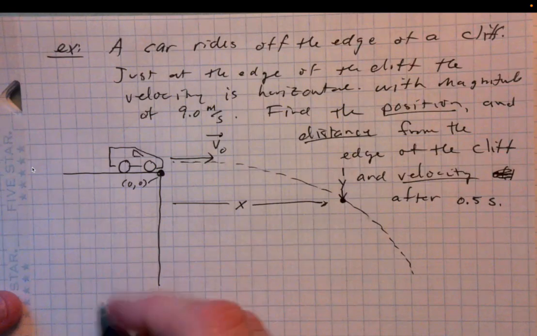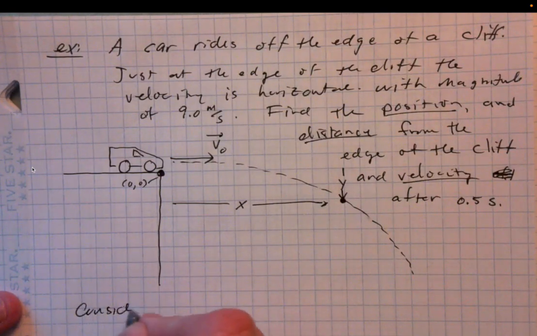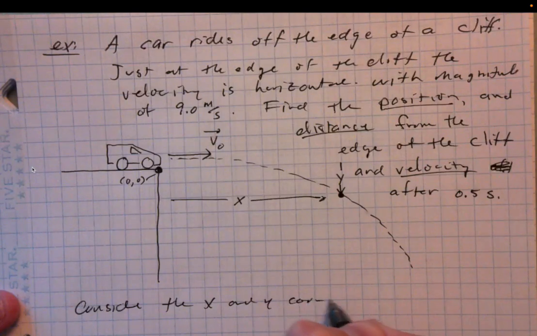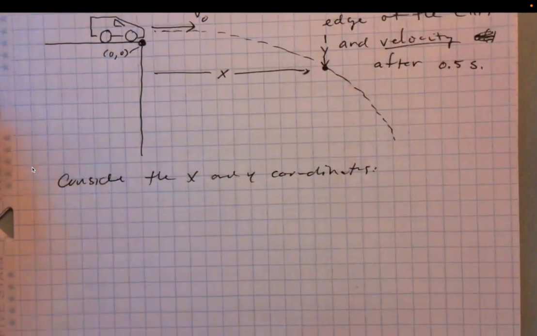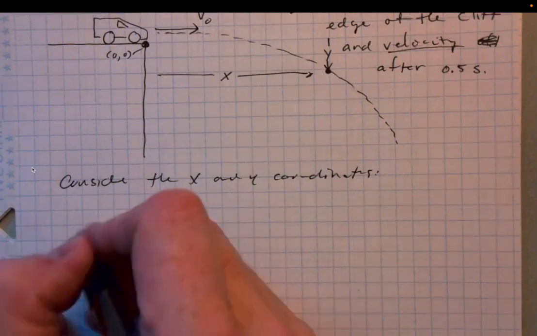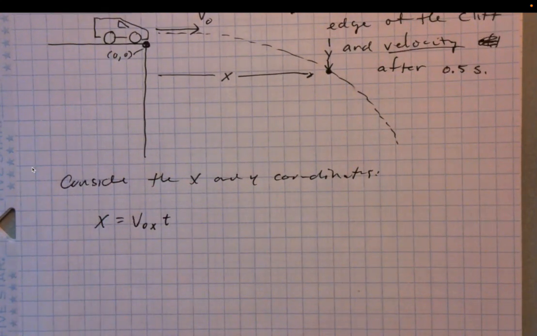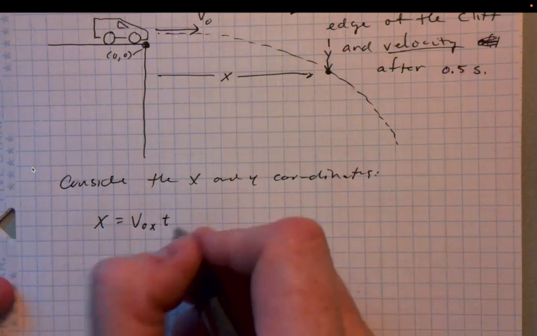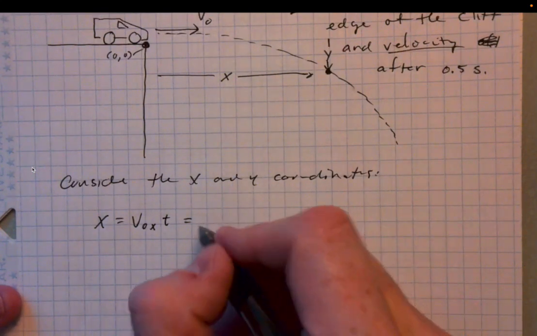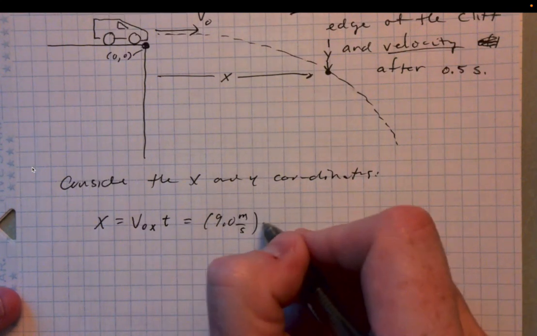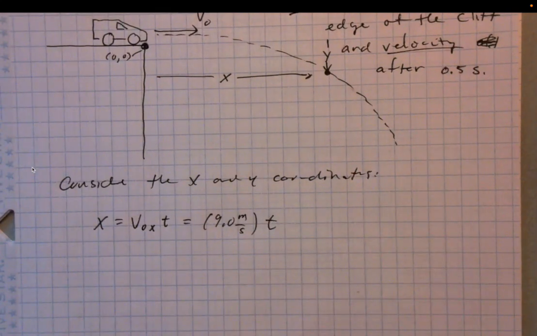Okay, so let's consider the x and y coordinates. So what is x? Well, x is equal to v naught x times t. And we know that the initial velocity in the x direction is 9 meters per second, so the position will just be 9 meters per second times t.